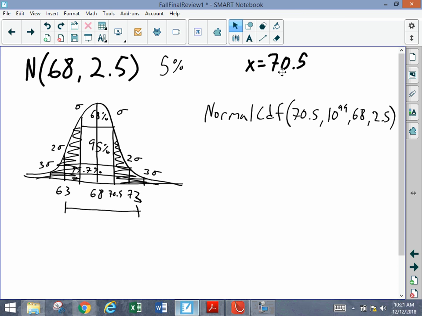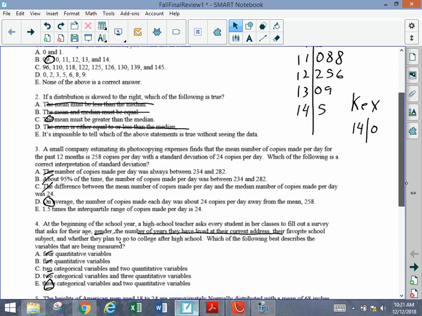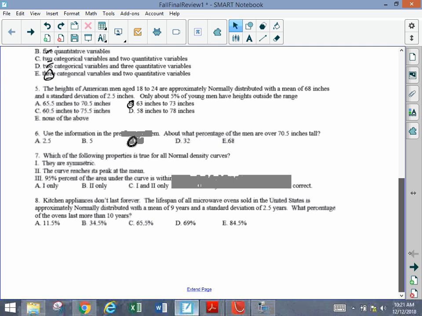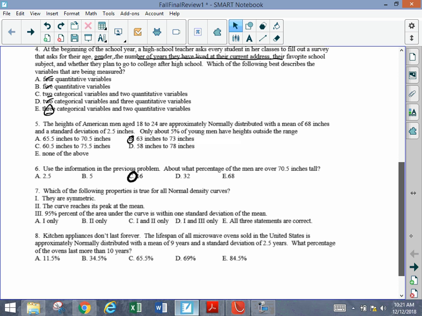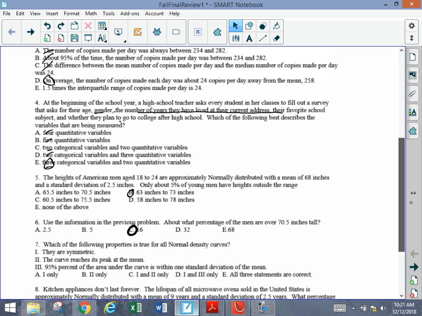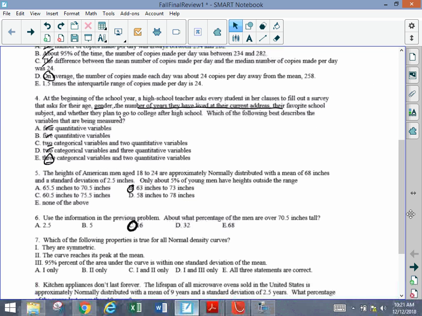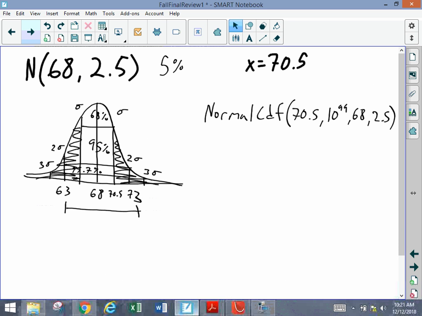It's saying above that value. 70.5 was 2 standard deviations away, right? No, 70.5 is one standard deviation. Oh yeah. That's why.